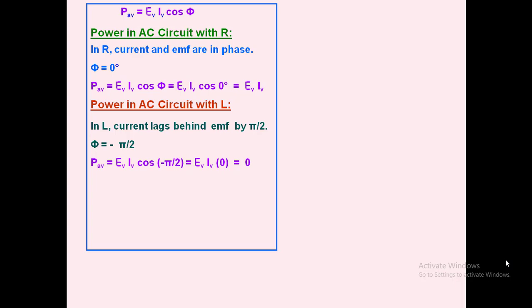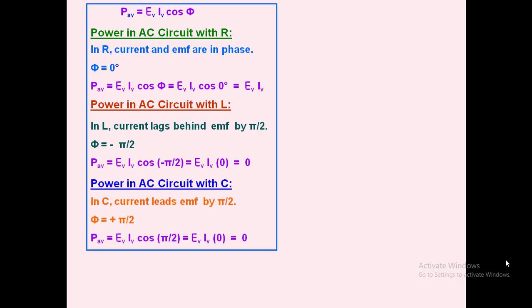So the average power will be equal to 0. Power in AC circuit with C. Even in a capacitor, the current leads the voltage or EMF by an amount pi by 2. So if you substitute the value, again cos pi by 2 becomes 0. So the average power across a capacitor is also equal to 0. So maximum power is present across a resistor, whereas the average power across inductor and capacitor is equal to 0.